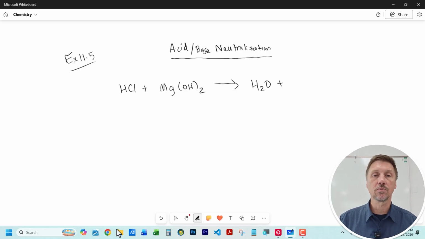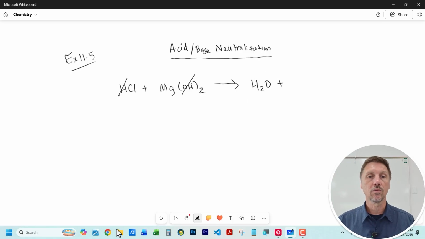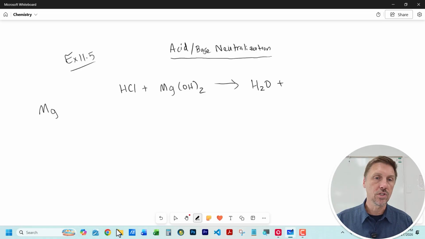And so if we look at this chemical reaction here, the H that's donated by the acid combines with the OH that's in this to form the H2O. So what's left? We have Cl and we have Mg left. And so that's what's going to be our salt over here in this part of the reaction. And so we just have to do swap and drop with Mg and Cl. We always put the metal first whenever we're writing these ionic compounds.